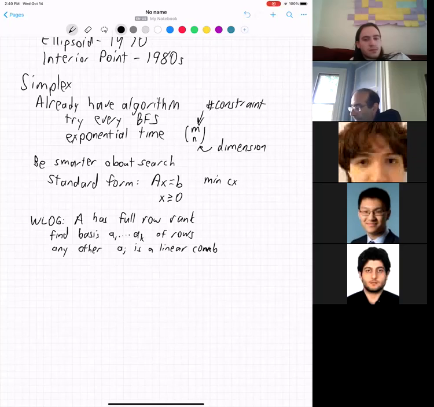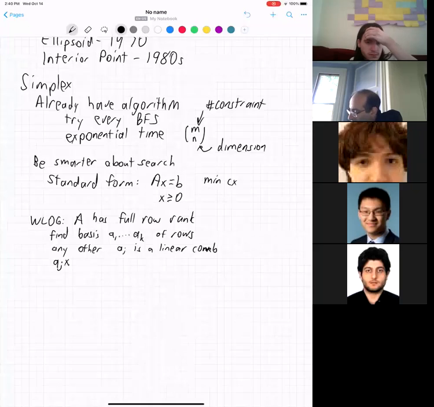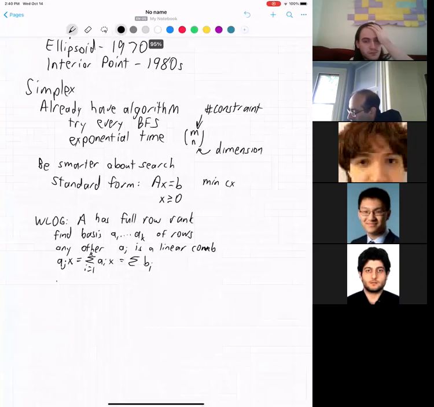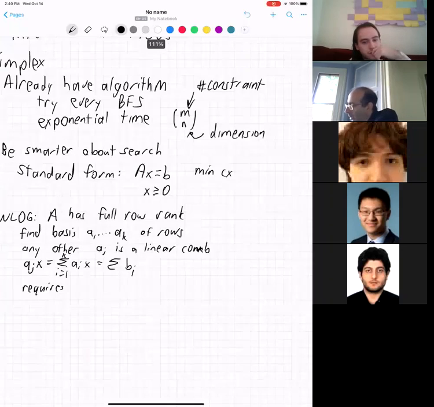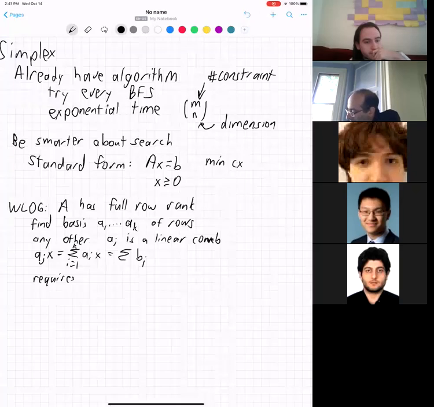So that had better mean that Aj times x is equal to the sum from i equals 1 to k of λi Ai times x, and that's going to be equal to the sum of those bi's.